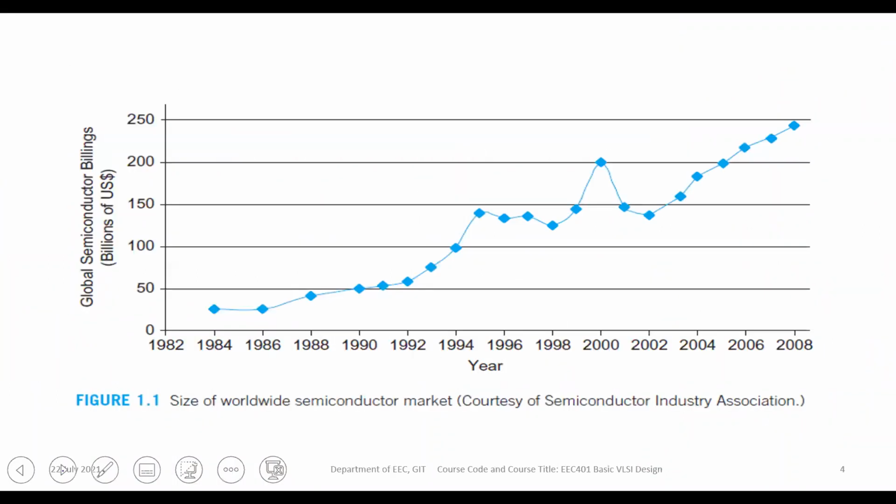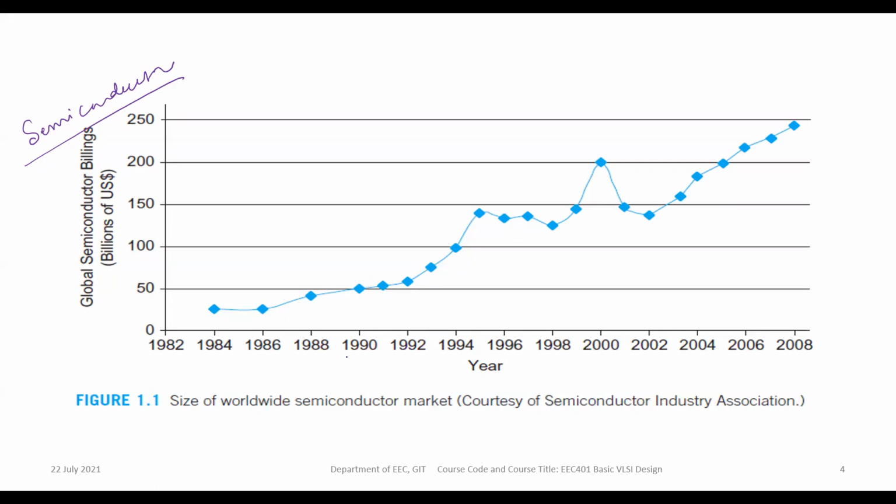Now, as I mentioned, a small discussion here on the silicon semiconductor industry, that means making integrated circuits using silicon. You can see the graph here, the global semiconductor market.